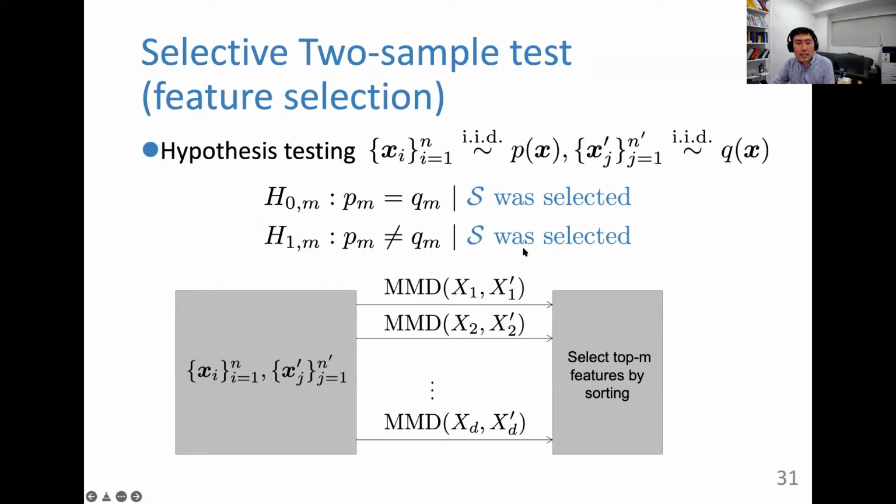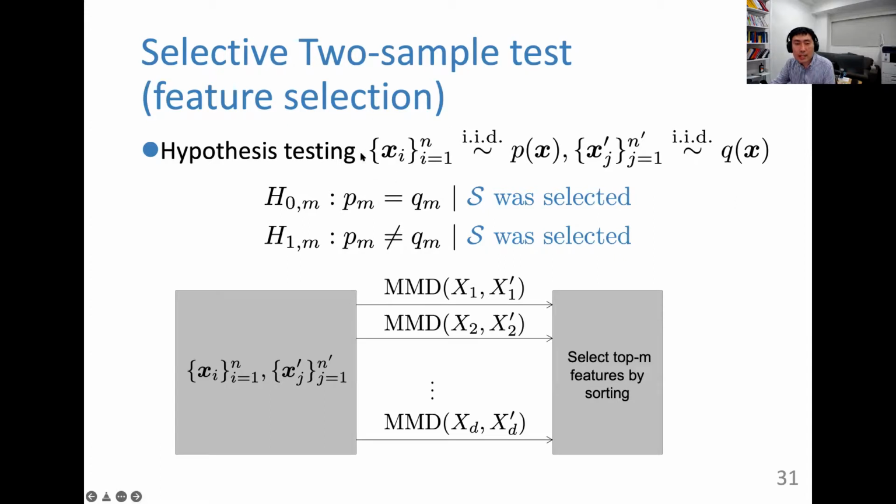So for the two-sample test case, we can use the MMD. Okay, in this case, we have two distributions, X and X prime.